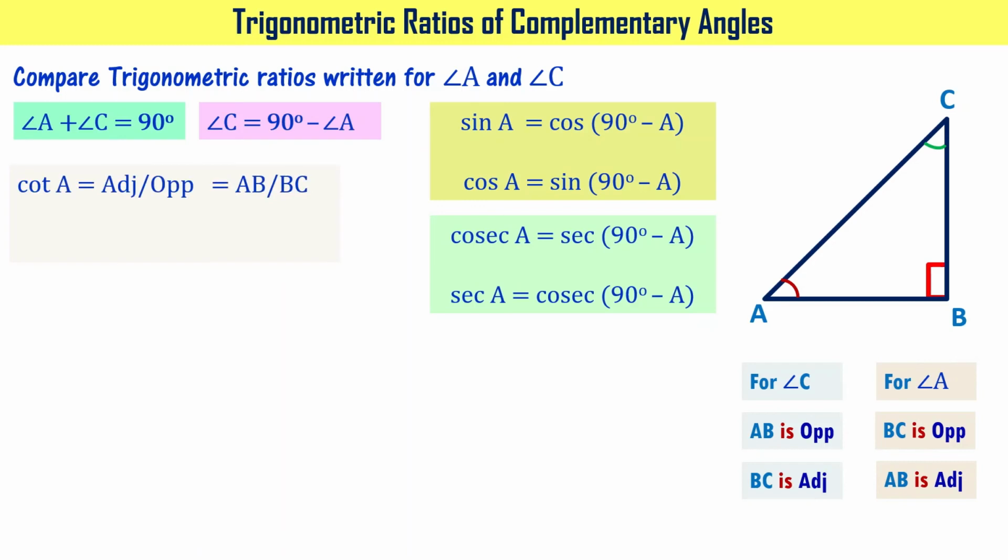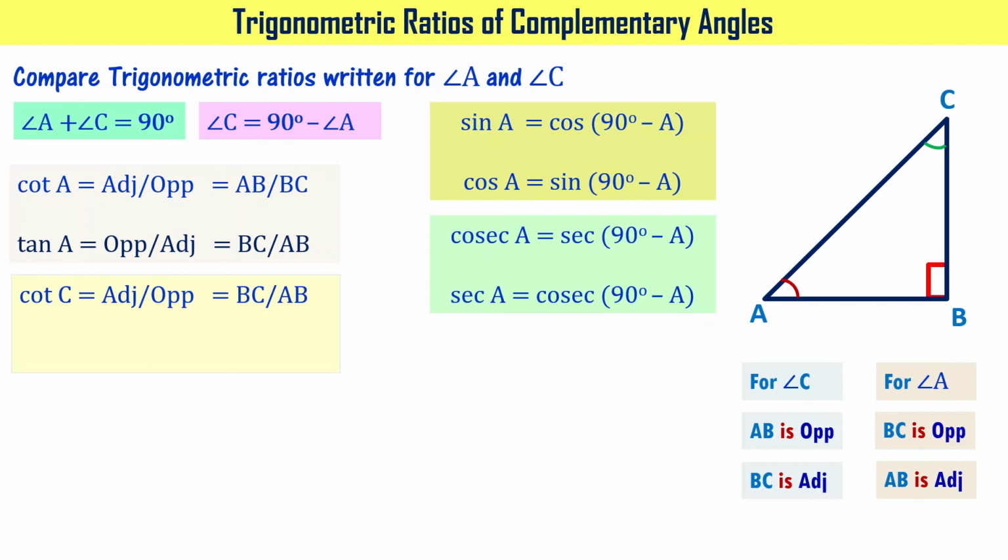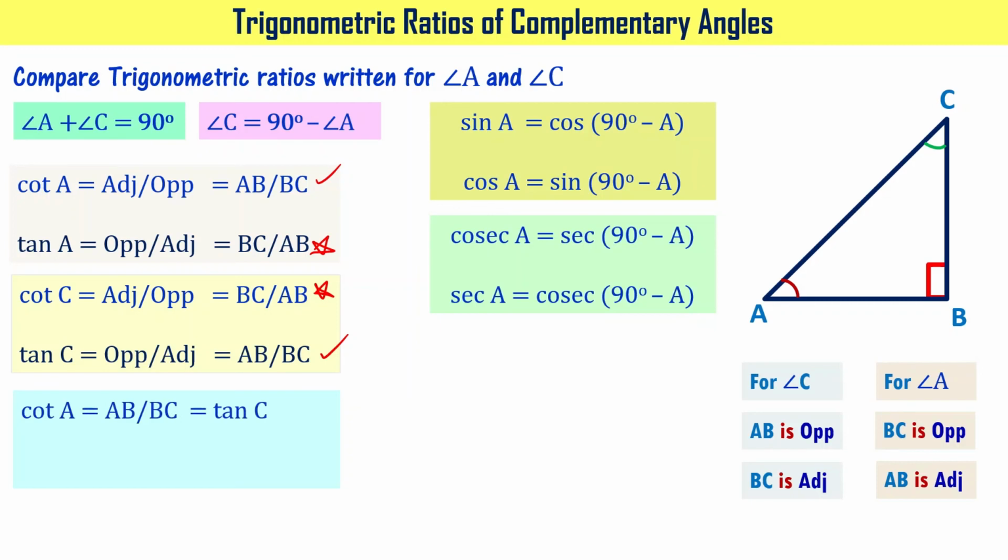Those are cot A equal to AB by BC and tan A equal to BC by AB, right? And cot C equal to BC by AB and tan C equal to AB by BC. Now look at this. This one is AB by BC and this one is AB by BC. This one is BC by AB, this one is BC by AB. Now you equate so that I can write it as cot A equal to tan C, right?